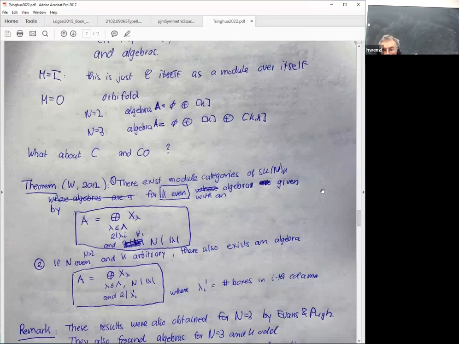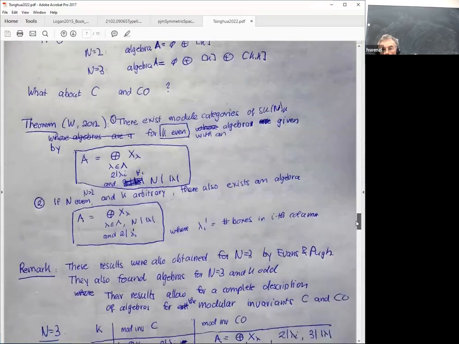Now, a long time ago, more than 10 years ago, I had quite a naive idea of how to find module categories without really knowing about this stuff, which I should have, but I didn't. So essentially, I proved there exist module categories for SU(N)_K, and there are some technical conditions.